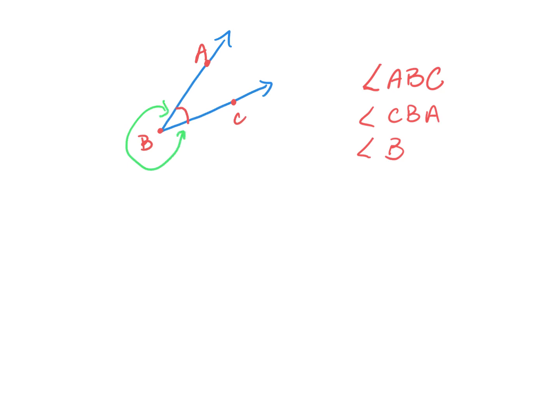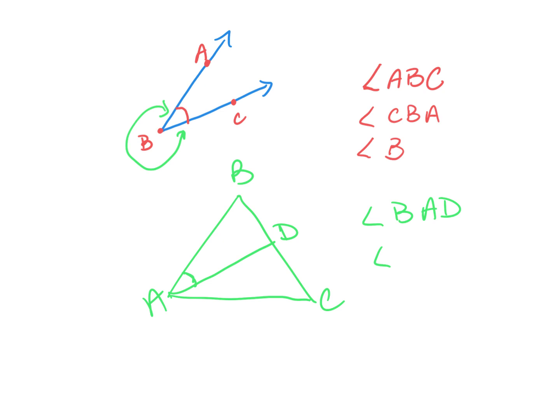It's always going to be the inner angle, so it's very easy to see that, okay, that it's angle B. But what happens when I have this problem here, and we have ABC, and I want this angle here? And let's put a D there. It's going to be BAD or DAB. Okay, both of those names. Can I name it angle A?